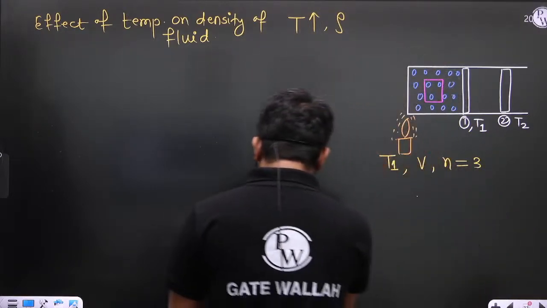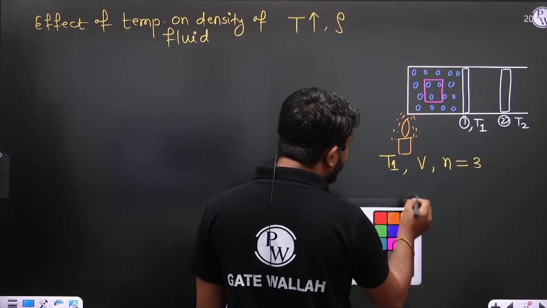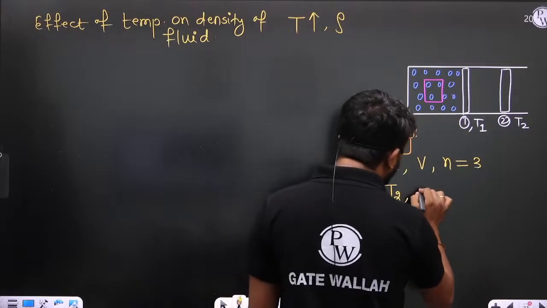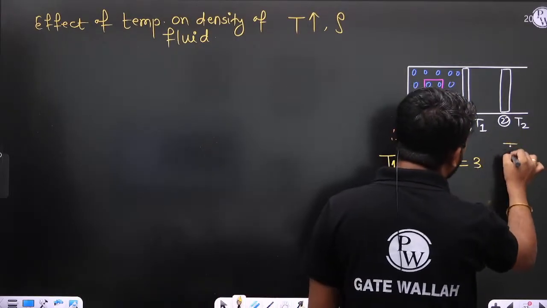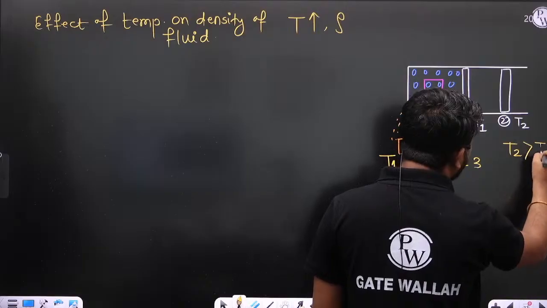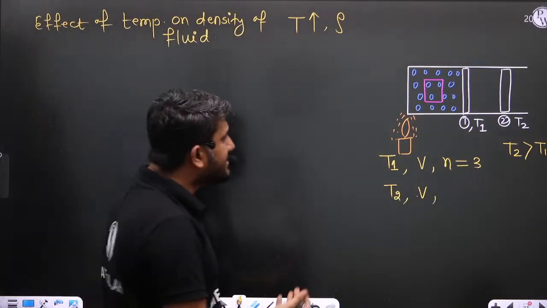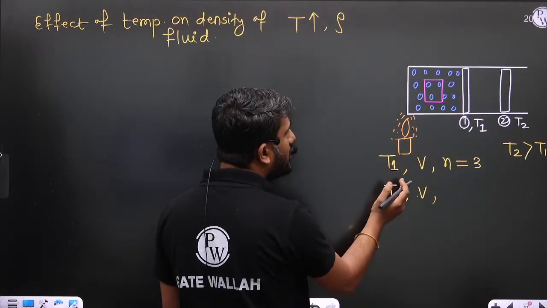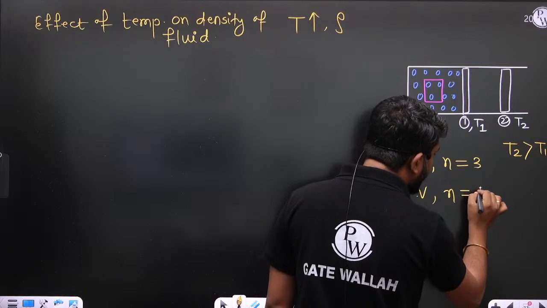Okay. Now see, when you increase the temperature, let us consider T2. T2 is greater than T1 na, beta? So when you increase the temperature, in the same given volume V, the number of molecules decreases.